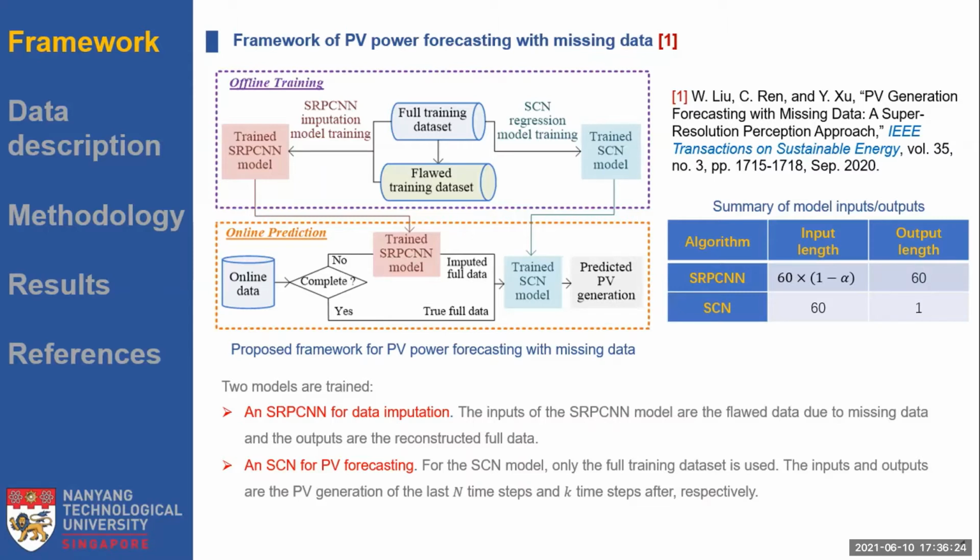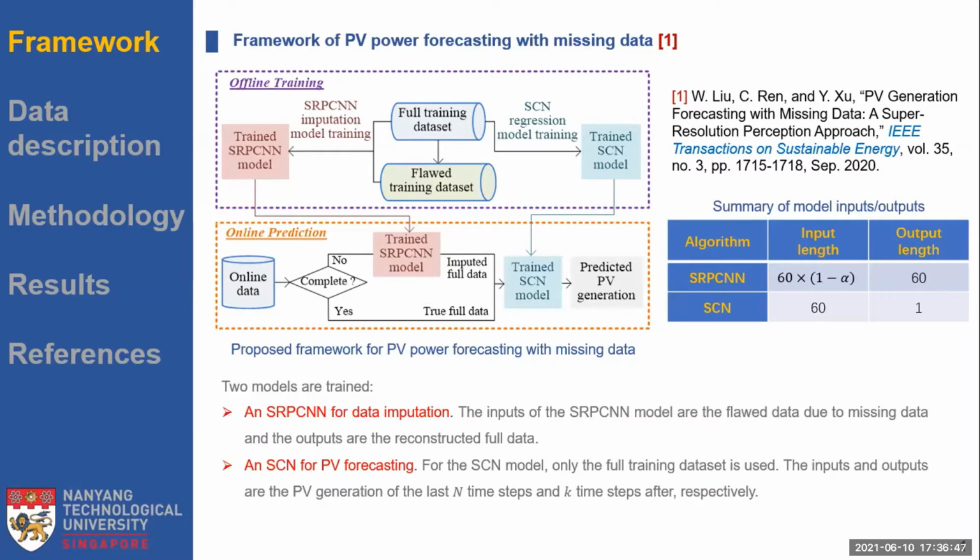The overall framework is illustrated in this figure, including an offline training stage and an online prediction stage. It is assumed that at the offline training stage we have the complete dataset, and using this training dataset, we train two machine learning models.